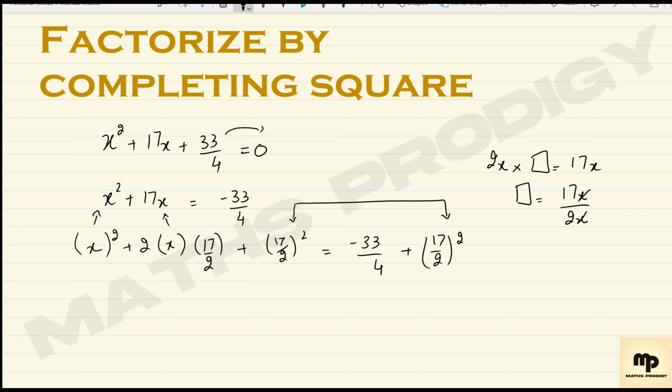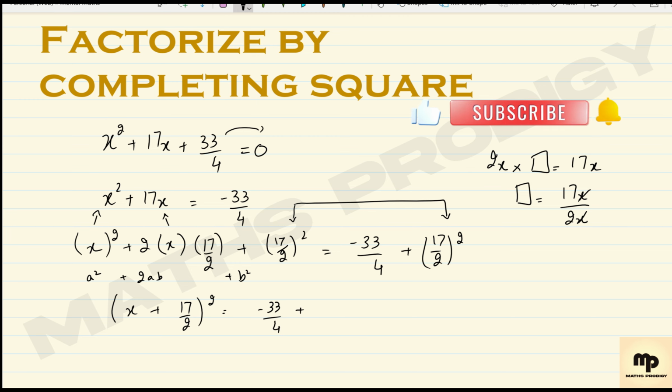Now as you know, that's the identity, a square plus 2ab plus b square is equal to a plus b whole square. So on this side it is minus 33 over 4 plus, that is 289, and 2 square is 4.